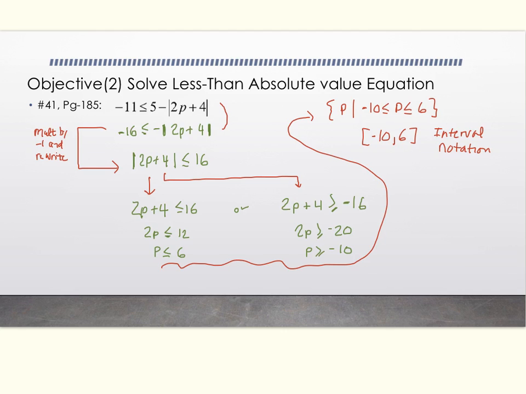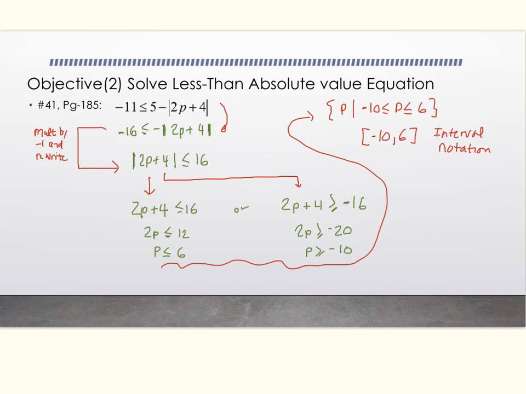When we do that, we get negative 16 is less than or equal to negative absolute value of 2p plus 4. So we're going to divide through or multiply through by negative 1. When we do that, we have to change the sign.